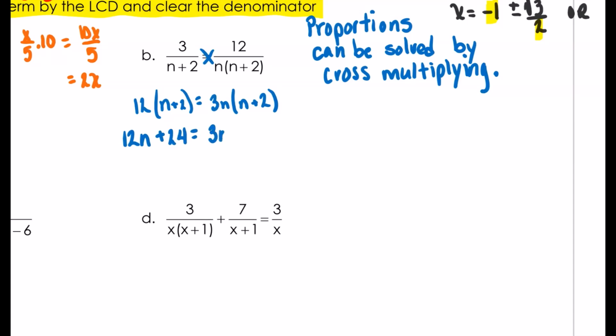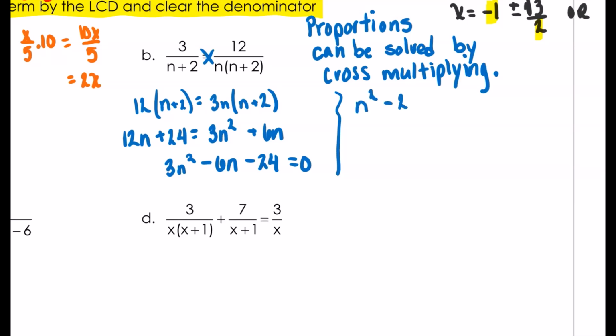Right-hand side, 3n squared plus 6n. Setting the equation equal to 0, notice that I would get 3n squared minus 6n minus 24 equals 0. Next, I divide out my 3, and I get n squared minus 2n minus 8 equals 0.